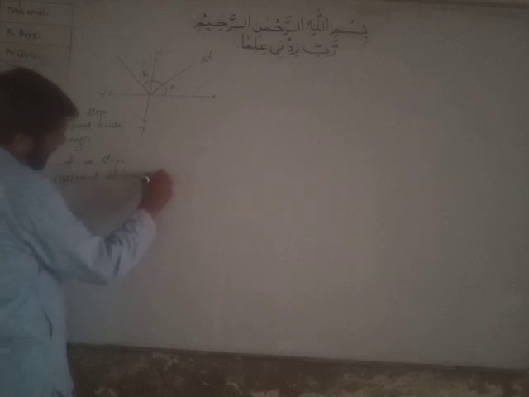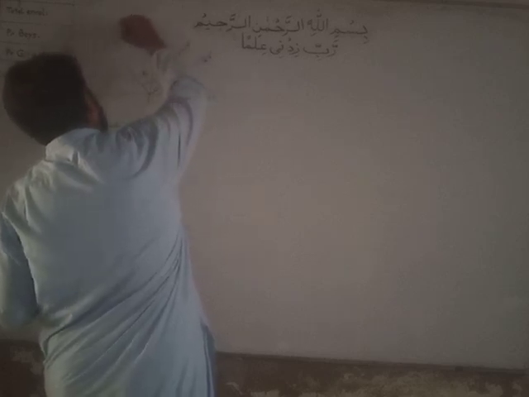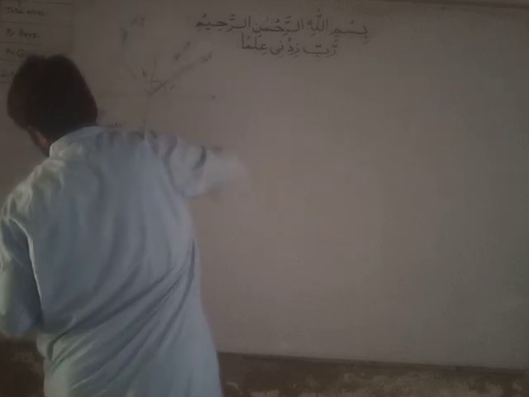So we can say that a positive slope represents an acute angle and a negative slope represents an obtuse angle. So when the angle is in the first quadrant, the tangent ratio is positive, and in the second quadrant the tangent ratio is negative.